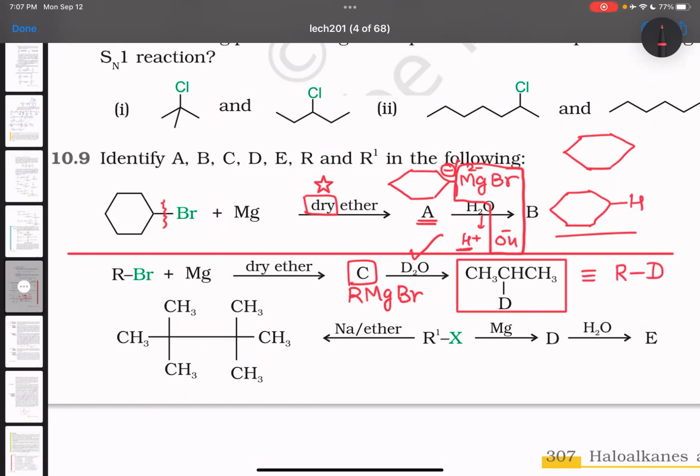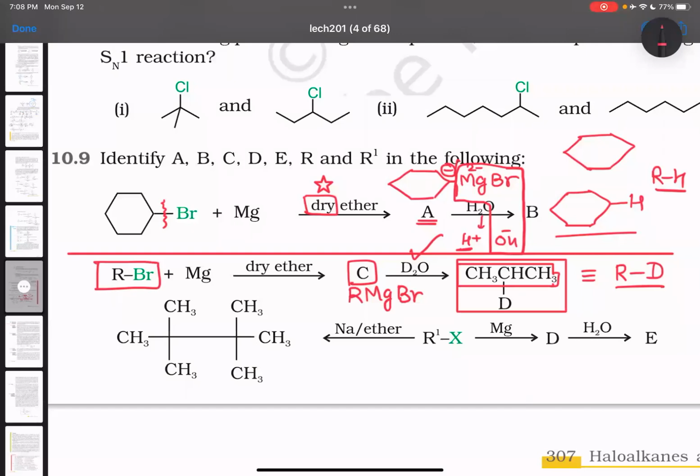Clear? So R is this group. Initially they have not shown you what R is, but they have given you the final answer. This is RD. Suppose this was RH, this is RD. Is it clear? Yes, sir. So which group was R? What is the IUPAC name of RBr?